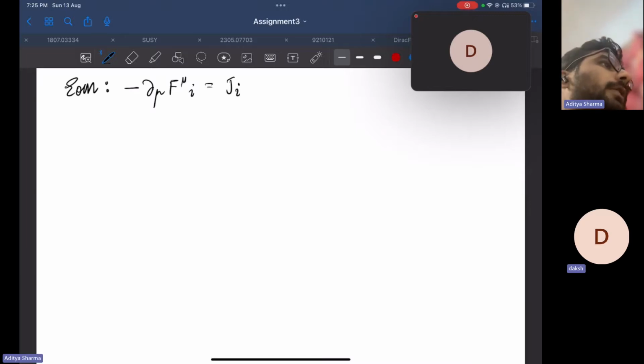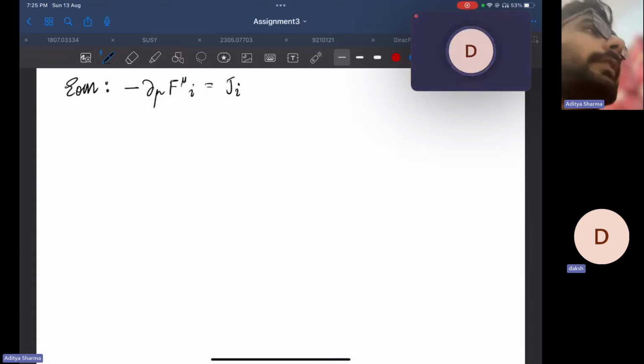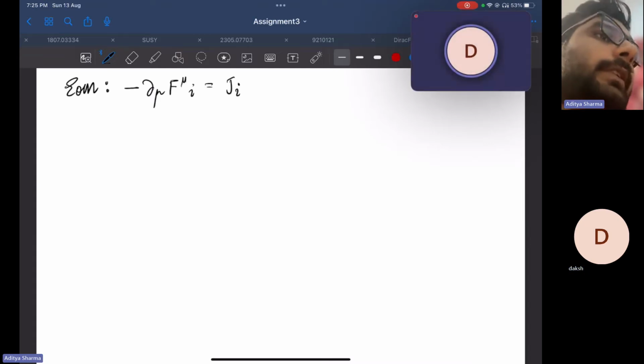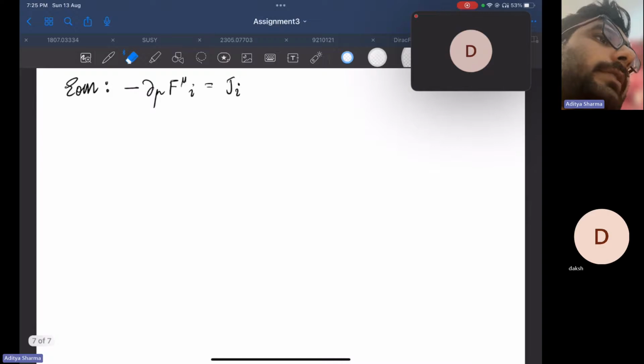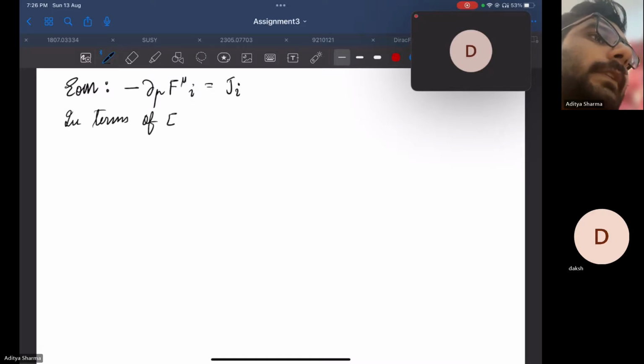Now what you want to do is to find this thing. Okay, now I'll give you f alpha beta and f this thing. Your job is to find it in terms of E vector and B vector.